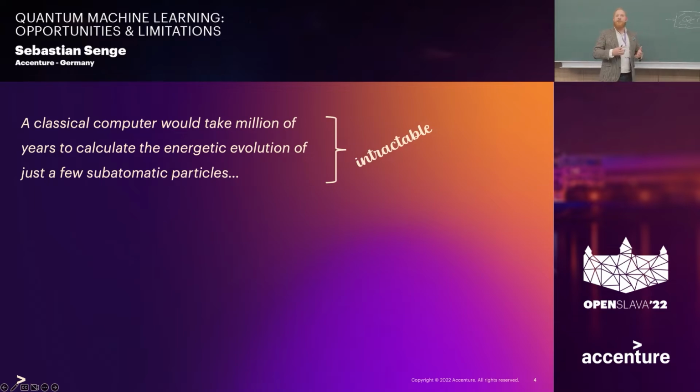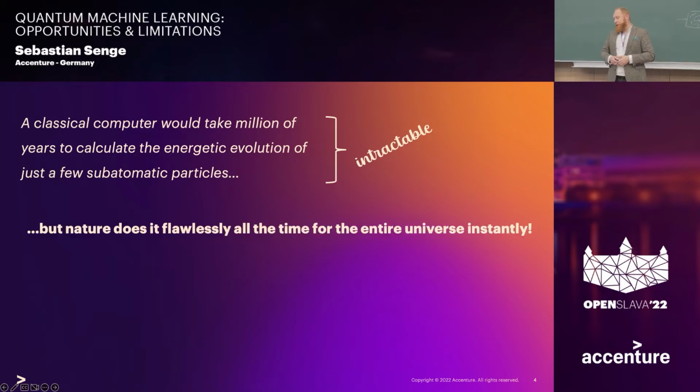If you're really interested in how subatomic particles evolve over time, you cannot simply wait hundreds of thousands or even millions of years, because you need to do your drug discovery or something in the area of chemistry now. And the point here is that nature, for some reason, please talk to the physicists, they know that much better, does that more or less flawlessly all the time for the entire universe.